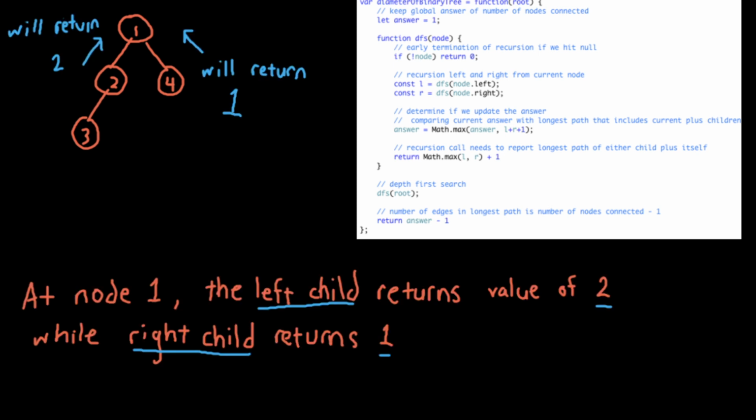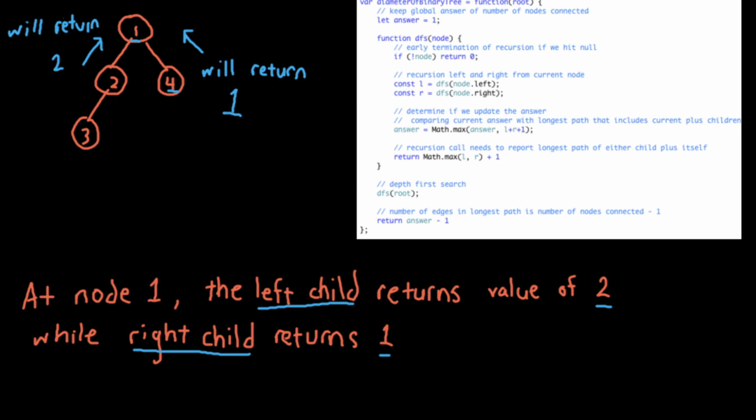You are at node number 1 in this case. And we know that when you were at 2, it returned the value of 2 to its parent, which is 1. And at 4, you return the value of itself to the parent.